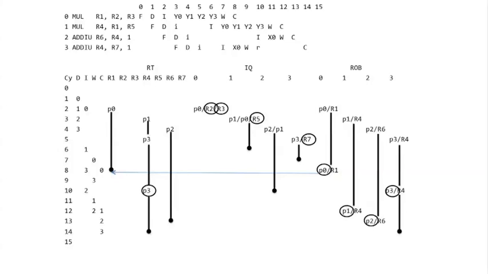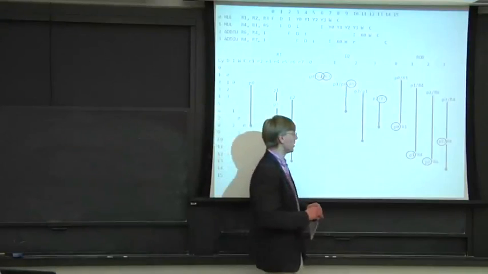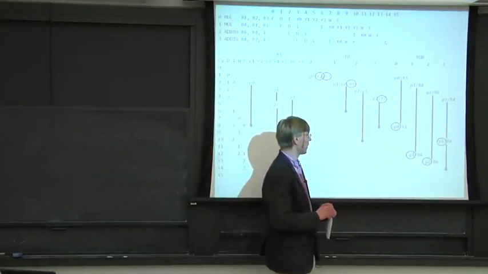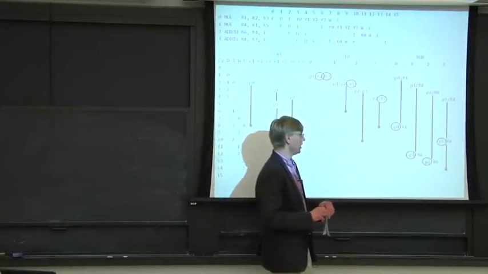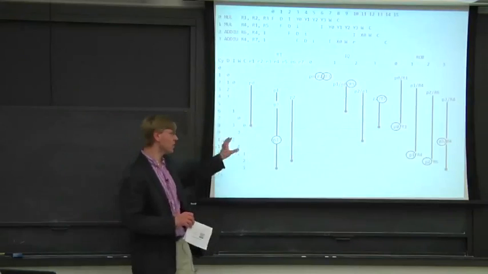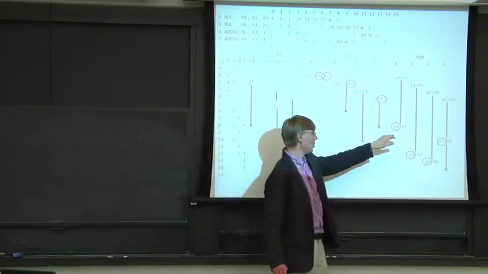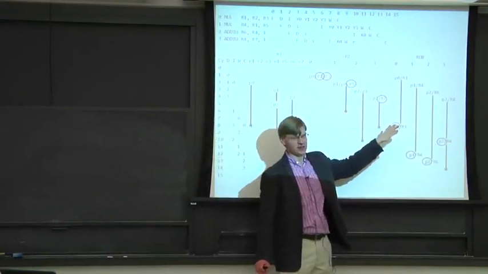I think what I said was a little bit confusing, so I want to clarify this. When do you deallocate a reorder buffer entry? Because it's a little bit different than deallocating a physical register entry. You apply the same algorithm we applied before.